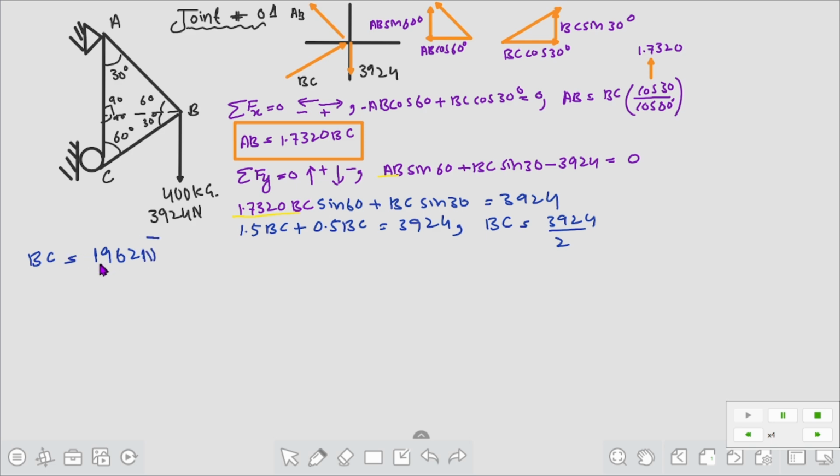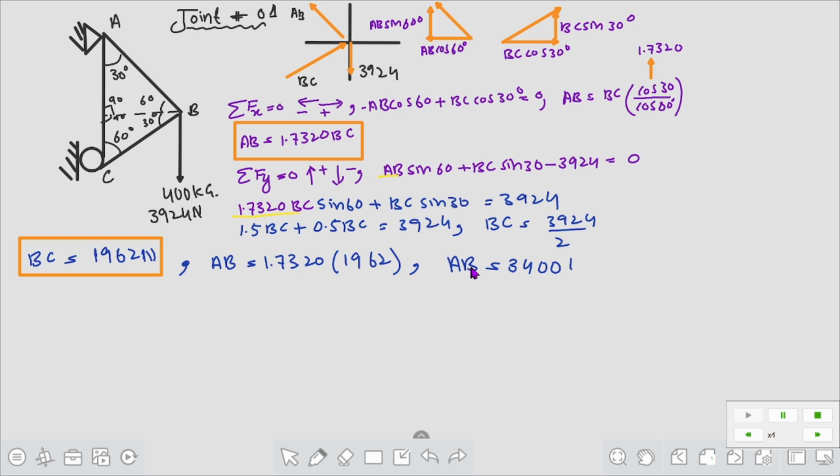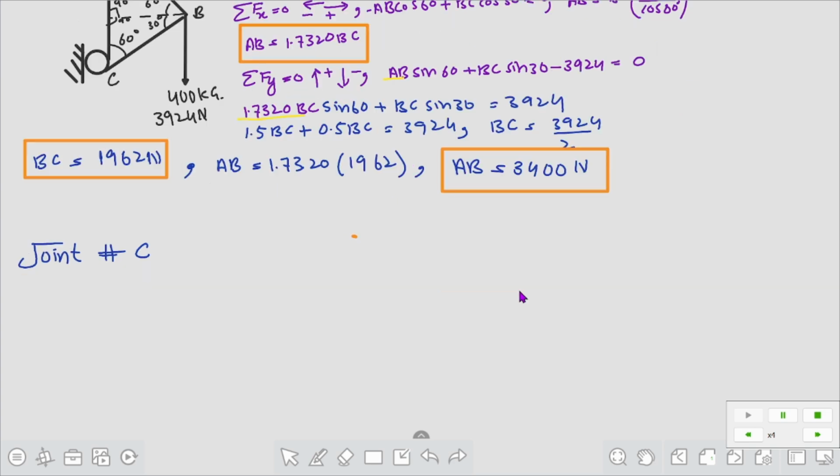So BC will become equal to 1962 Newton. After that, if I put this BC value in this equation, AB will become equal to 1.7320 times 1962. So AB equals 3400 Newton.